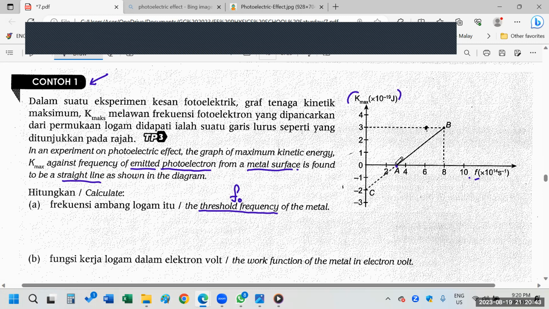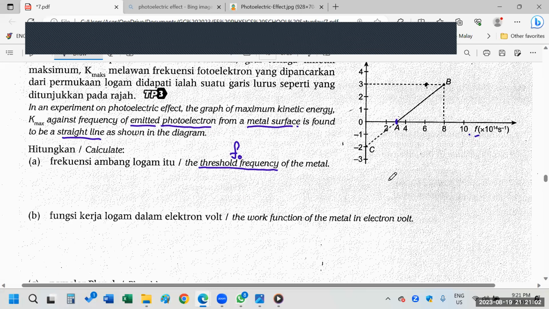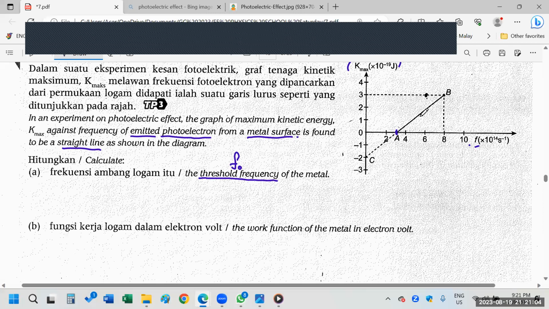So obviously it must be higher than the red light frequency. So it's around here, 8. So what can we do? We can use y equals mx plus c. Okay, suddenly I blank.